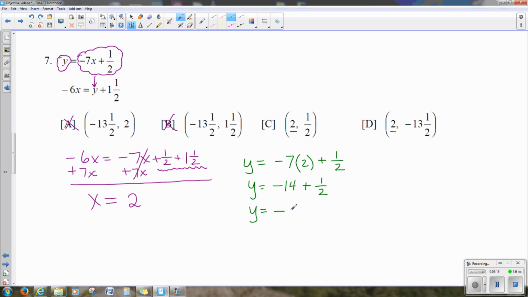So you're at negative 13.5. If you're not that confident with integers, use a calculator. Negative 14 plus 0.5, you'll get negative 13.5. So now we know we're looking for this y value. So we want to choose D. Okay, so don't let those fractions scare you. Usually in this objective, they're going to work out to be something that's completely manageable.